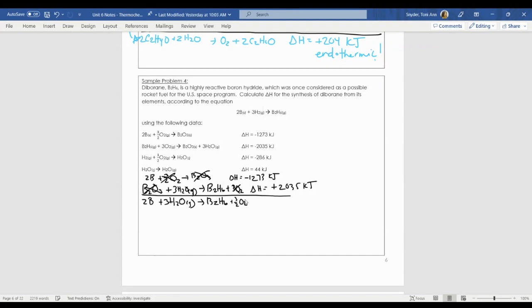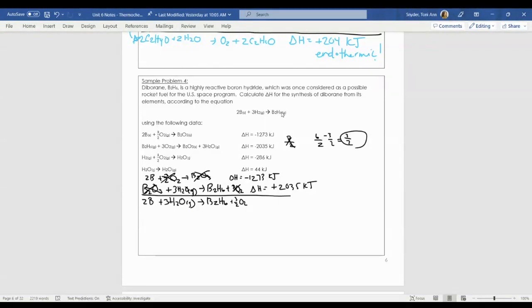The reason it's 3/2 is that I have 3/2 on one side and 3 on the other side, which is technically 6 over 2, right? If I cancel out 3 minus 3 over 2, it gives me 3 over 2 left over. So now I'm left with this reaction.